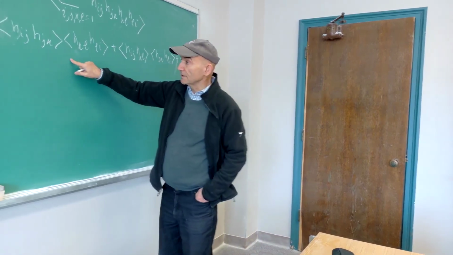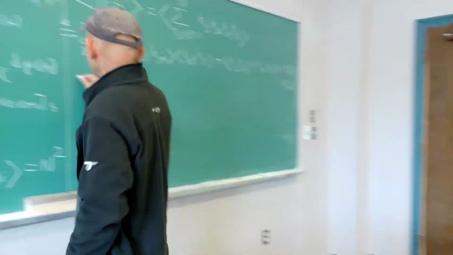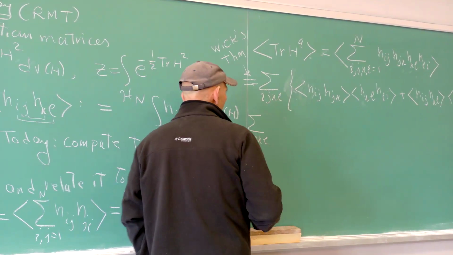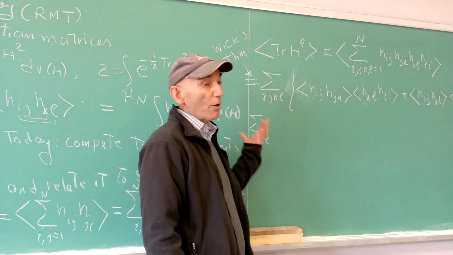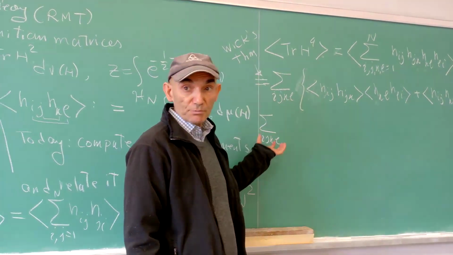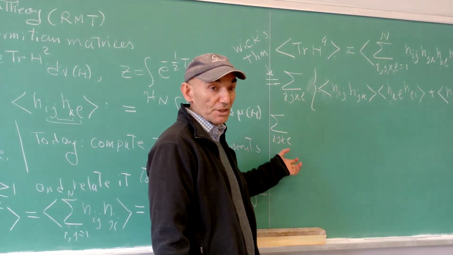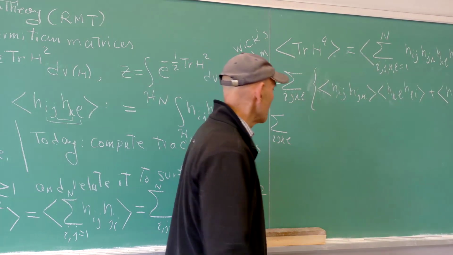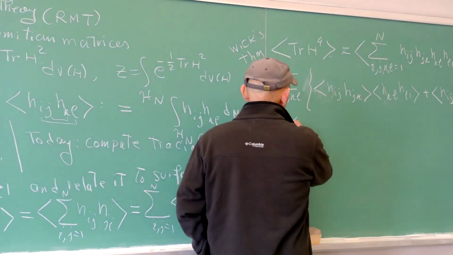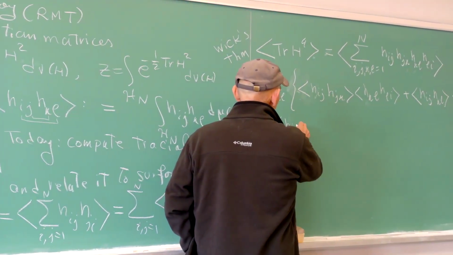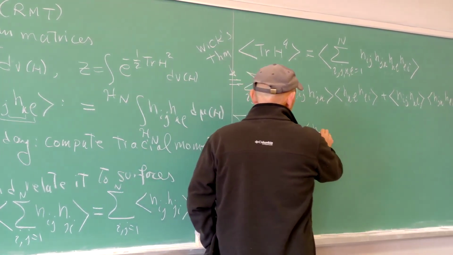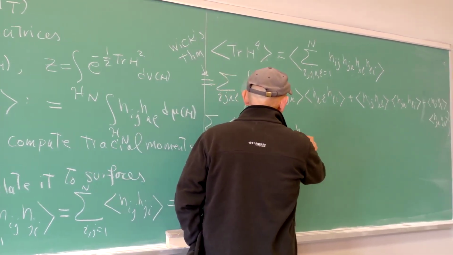So let's look at the first one. The first one is sigma IJKL. So there are n to the power 4 terms here. Each of these variables, the indices I, J, K, take n values, so there are n to the 4 possibilities. So let's write it: HIJ, HJK, HKL, HLI.